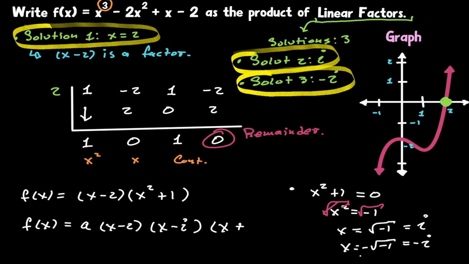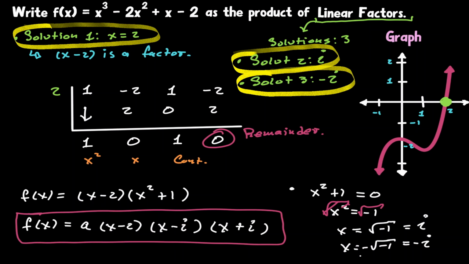So let's write this down as x plus i, and we are done. The polynomial that we were given, x cubed minus 2x squared plus x minus 2, can be written as some coefficient times the combination of the following linear factors: x minus 2, x minus i, and x plus i. They're all multiplied.